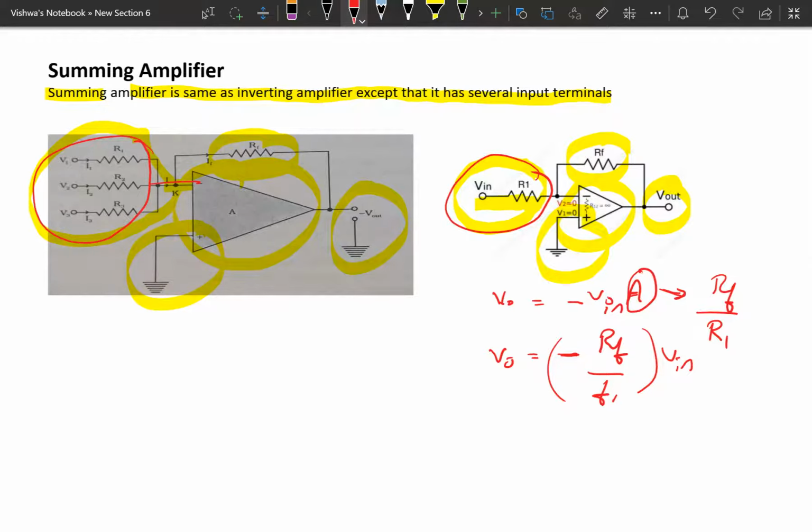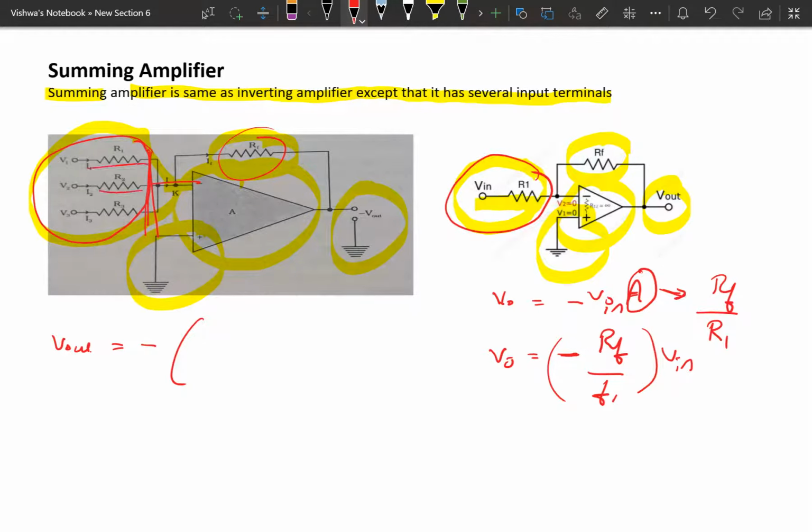Now what is the output of the summing amplifier? Here the output of the summing amplifier is equal to minus, since it is inverting mode, the gain Rf divided by R1, R2, R3, since there are 3 resistors and the voltage is dividing.